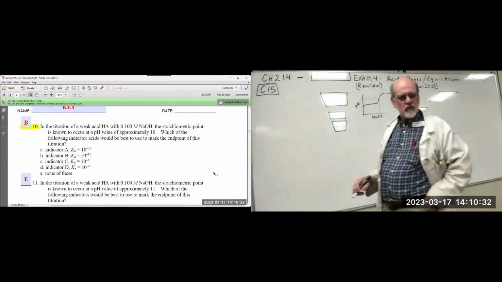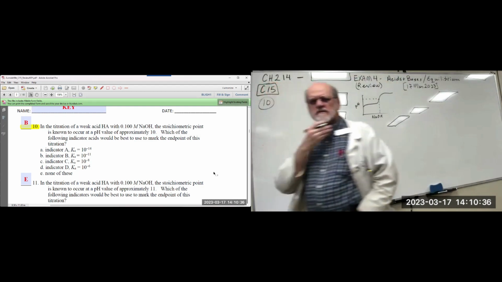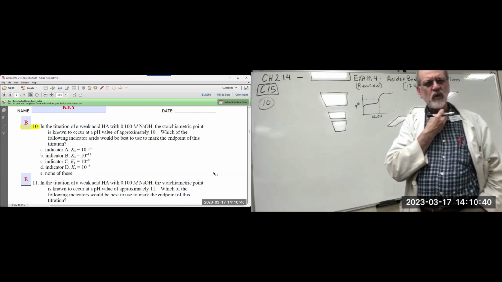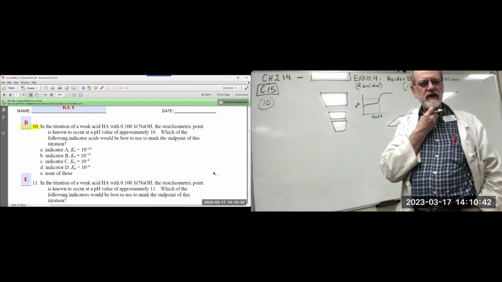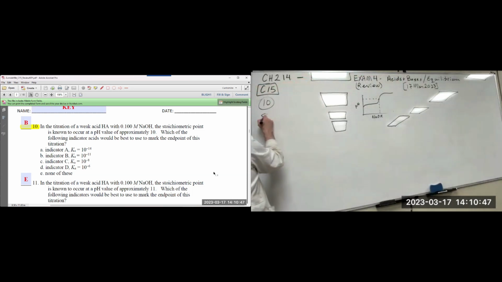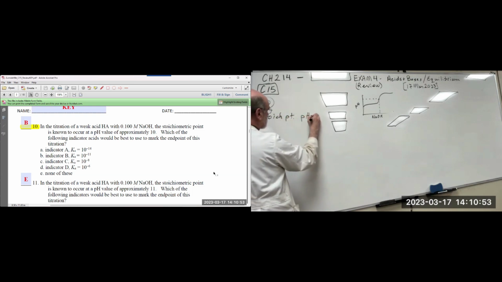Okay, in a titration of a weak acid HA with 0.1 molar sodium hydroxide, the stoichiometric point is known to occur at a pH value of approximately 10. Okay, so the stoichiometric point is pH 10.